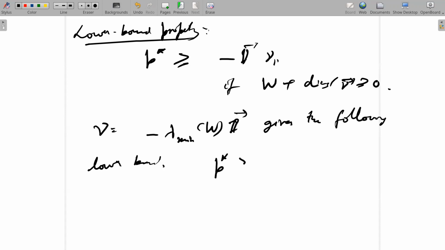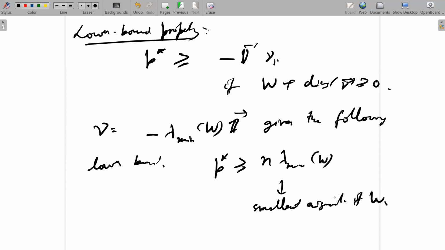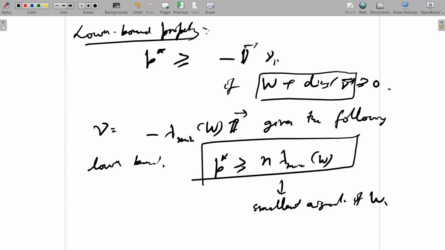That p star, so minus 1 transpose this becomes n times lambda min W, where lambda min W is the smallest eigenvalue of W. Note that if I have minus lambda min, it's clear that W plus diag of this thing will be subtracting the minimum eigenvalue from all of the eigenvalues, so they will all be non-negative. So this matrix will become positive semi-definite. If I do that, this is the lower bound I get.